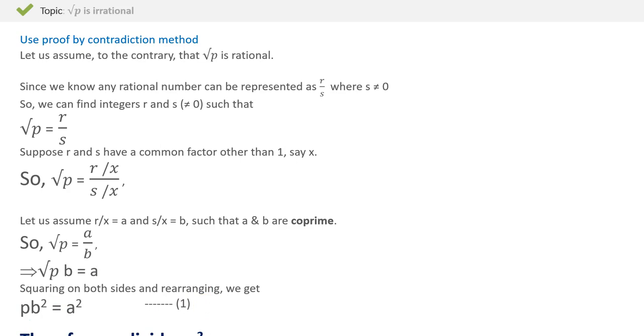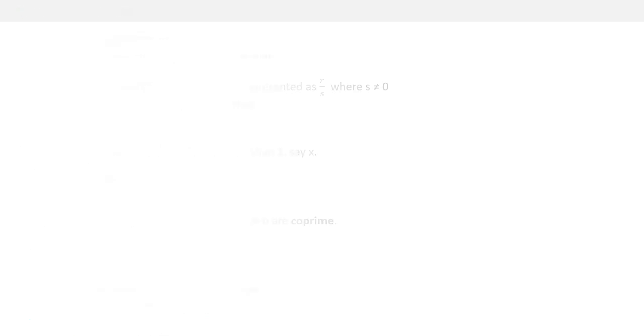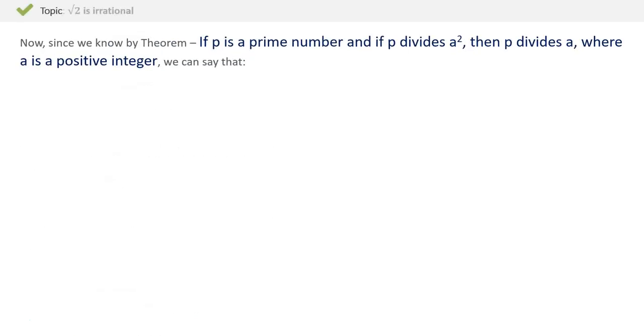What it also implies is that p divides a square. And now if I use the theorem that p is a prime number, and if p divides a square, it will divide a as well. P divides a square gives me p divides a.